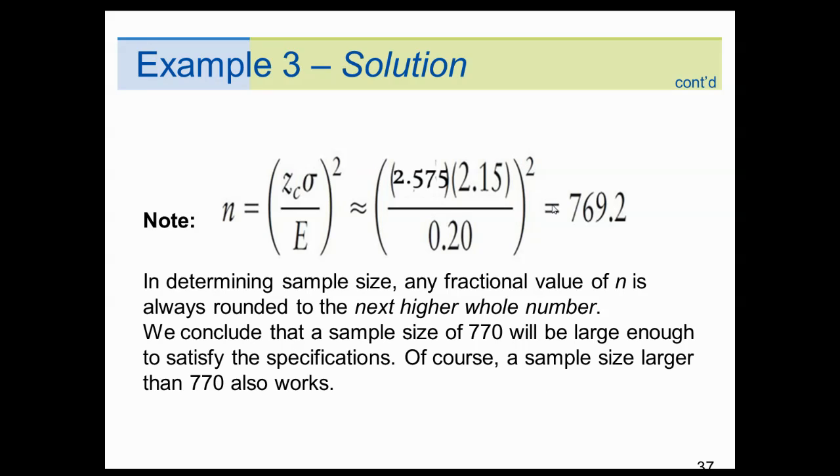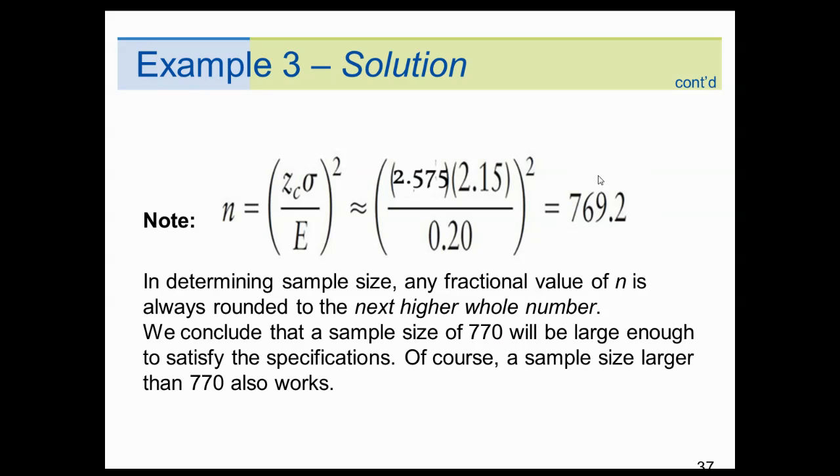Now, here is the only little hiccup. Normally, if you are rounding off, you would say 769.2, you would round off to 769. With finding sample size, you always, always, always round up to the next higher number. So even though this 0.2 is not a 0.5, I'm still going to round this up to 770.